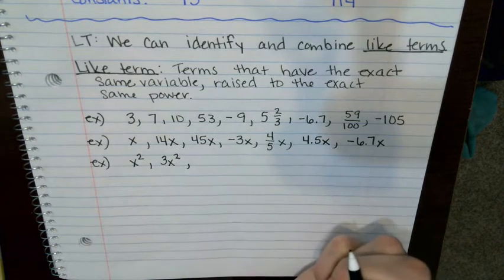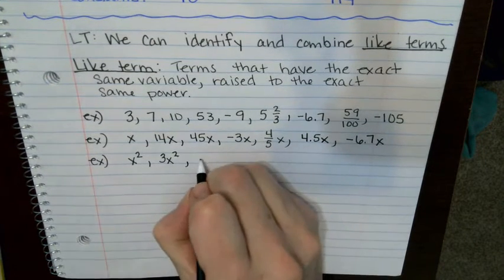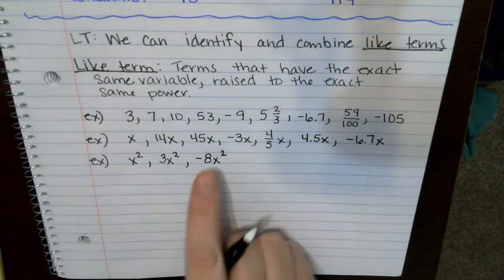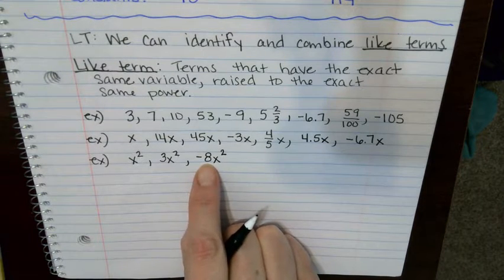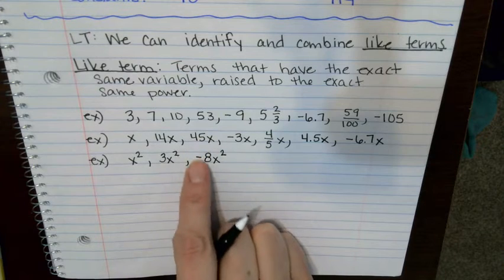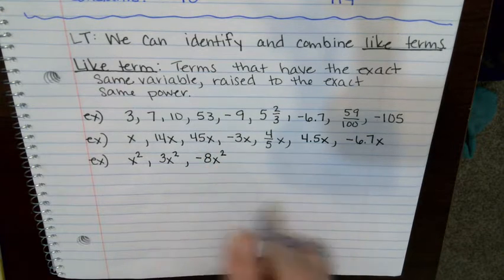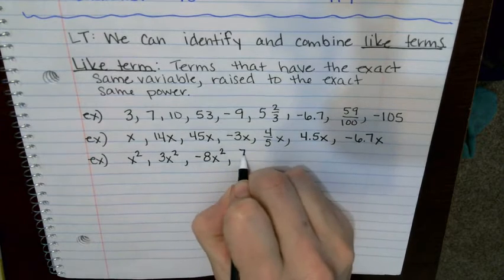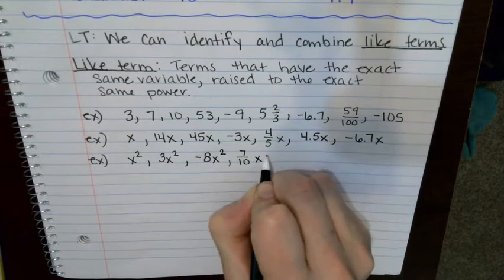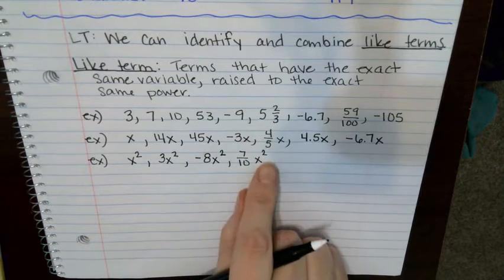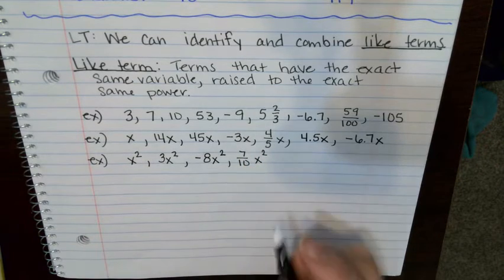Okay? I could have negatives, negative 8x squared. Remember, this does say negative. We don't know what to do with negatives yet, but we do know that we're going to somehow subtract that, right? You could have a fraction, 7/10 x squared.